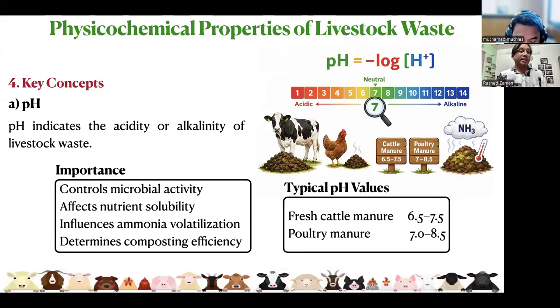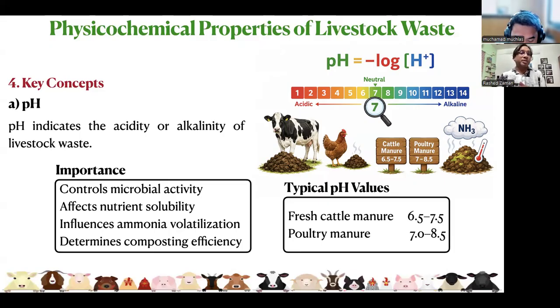First, the pH. As we all know, pH indicates the acidity or alkalinity level of the livestock waste. Actually, pH is very important in any type of reactions, biological reactions also. And it also influences the microbial growth and activity.